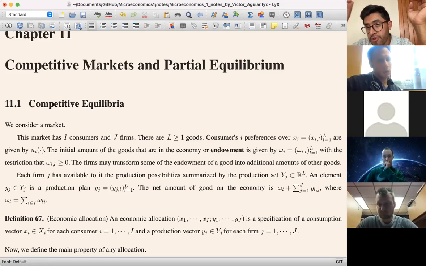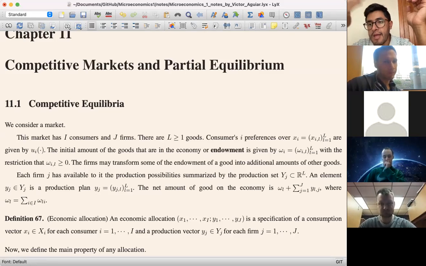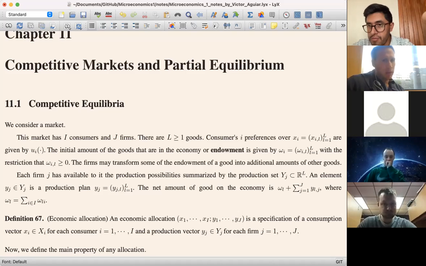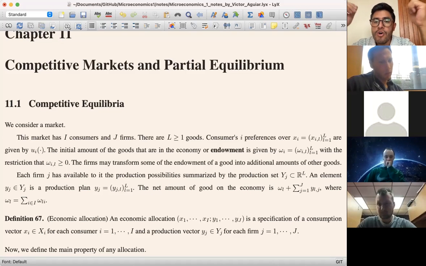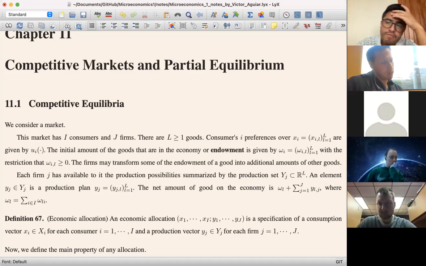Any other vector that includes inputs and outputs, a production plan, but does not belong to the production set, is unfeasible. So it cannot be produced by the given firm. So the production set is the analogous of the preference of the consumer, right? They contain all the information needed for the firm to make their decisions. So what are the firms doing with their production set? They are maximizing profits in this setup, okay?